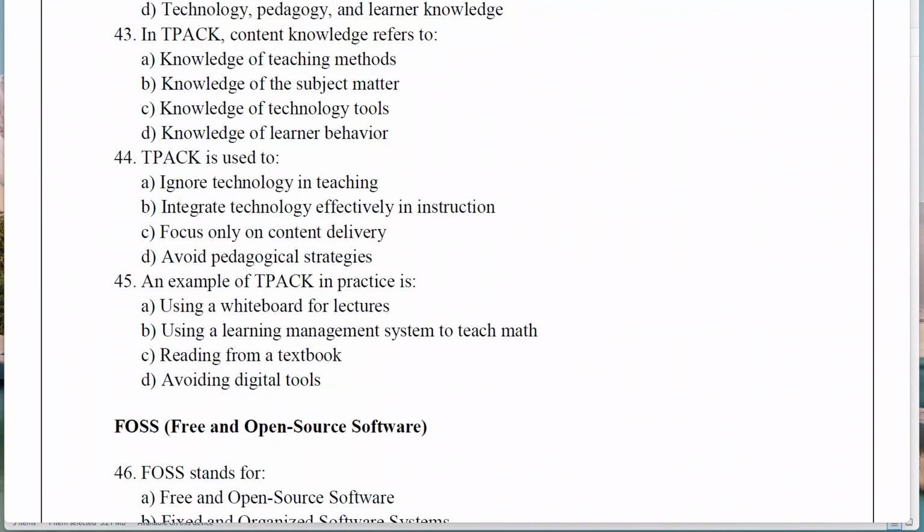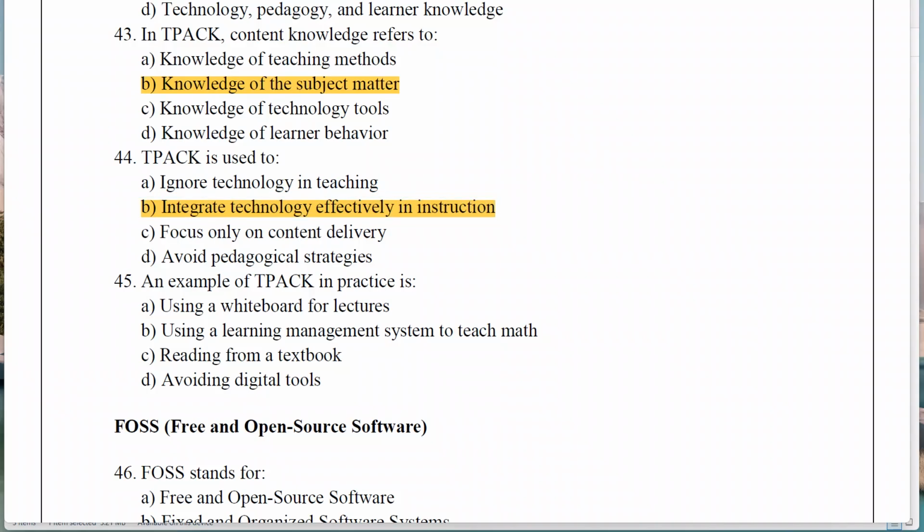In TPACK, content knowledge refers to knowledge of the subject matter. TPACK is used to integrate technology effectively in instruction.